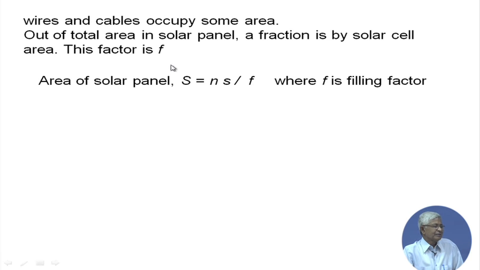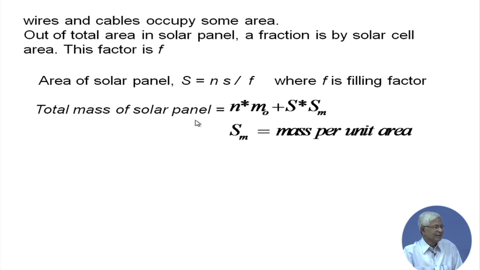That fraction is called the filling factor F. So the area of the solar panel will be the cell surface, each cell surface small s, as we have seen in the last expression, and n is the number of solar cells required. So the total solar cell area, divided by the filling factor, gives the total solar panel area; that is, the solar panel area multiplied by the filling factor is n into s. It can be expressed the other way also. So we have got the solar panel area.